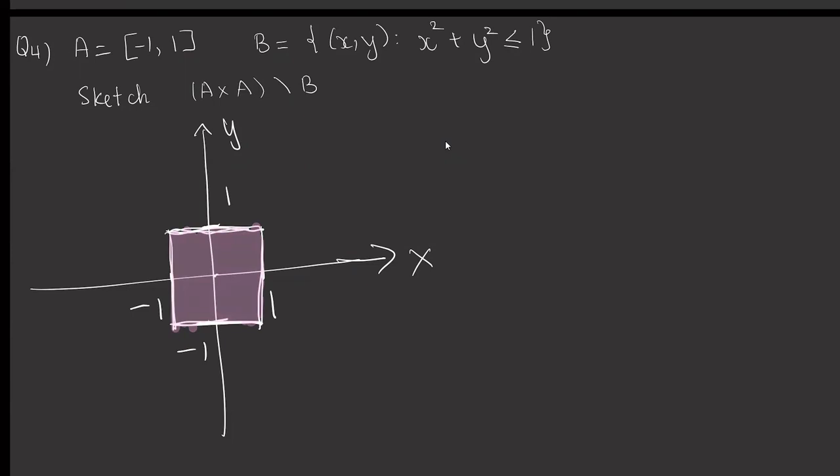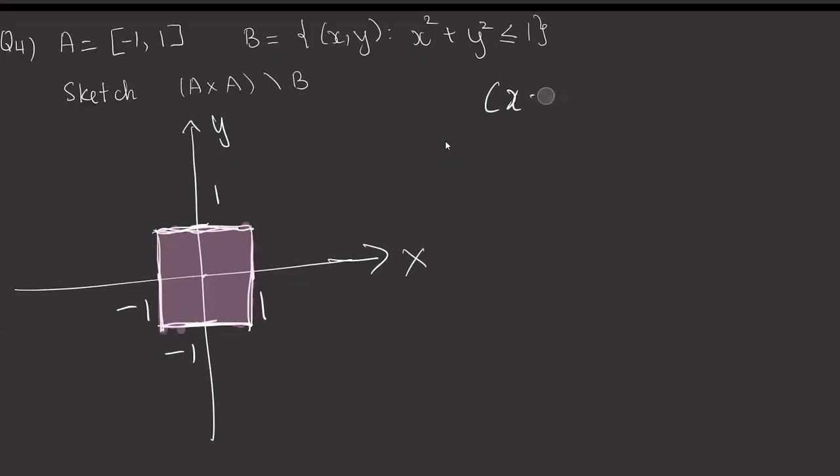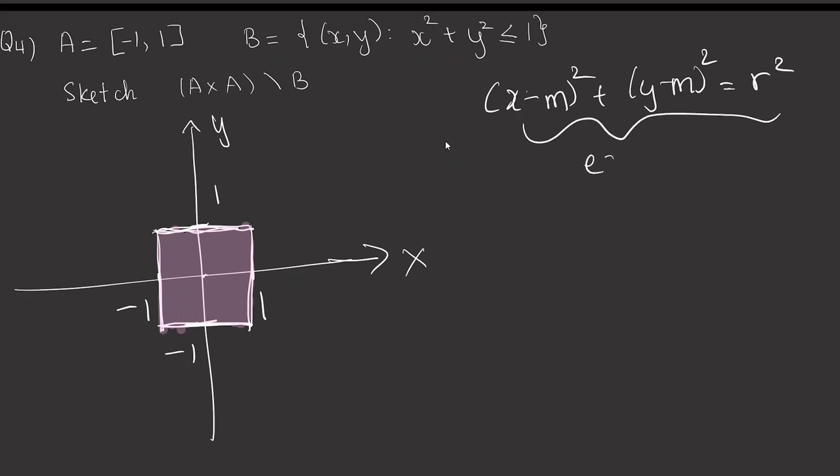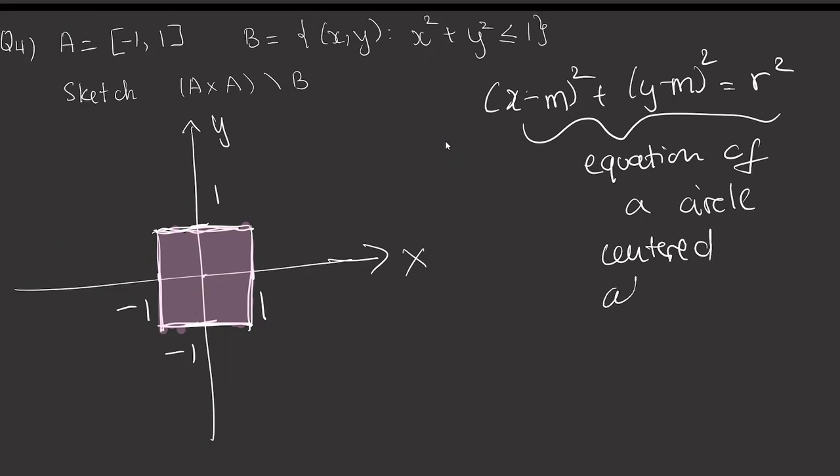Okay, and we want to exclude B. So B here, I tell you, (x minus m) squared plus (y minus n) squared equals r squared. This is the equation of a circle, center at (m, n) with radius equal to r.